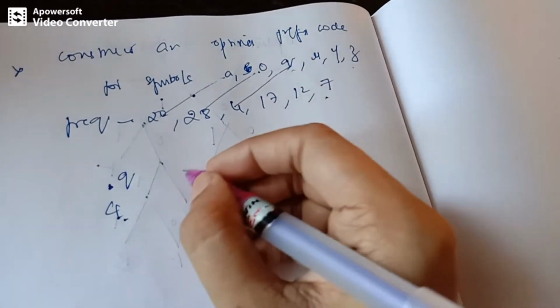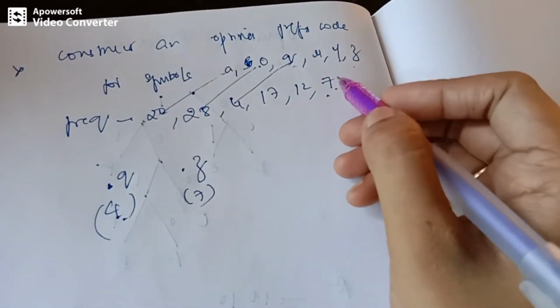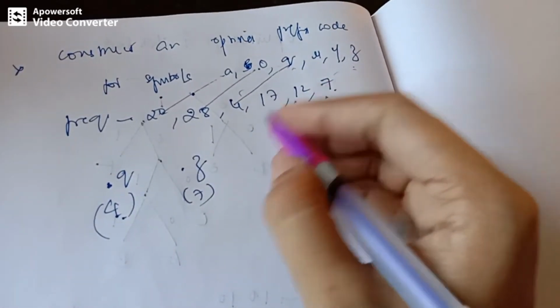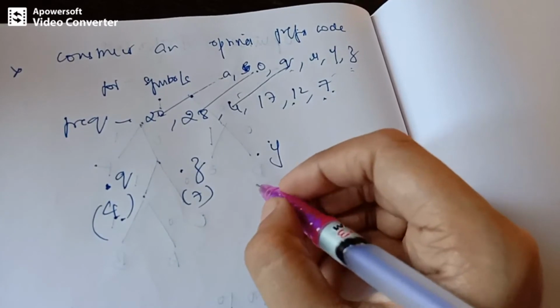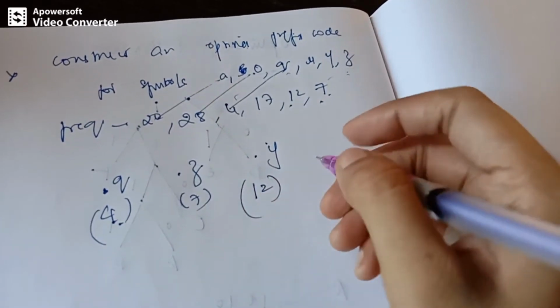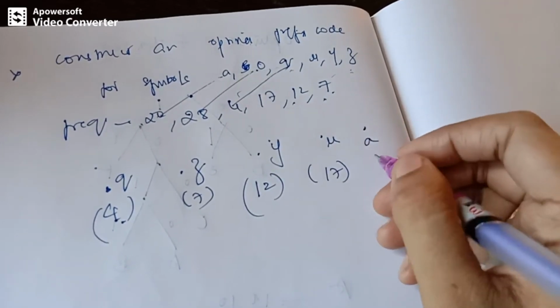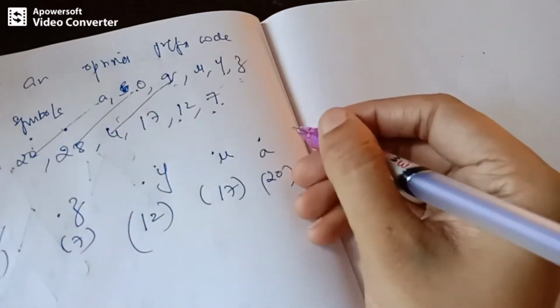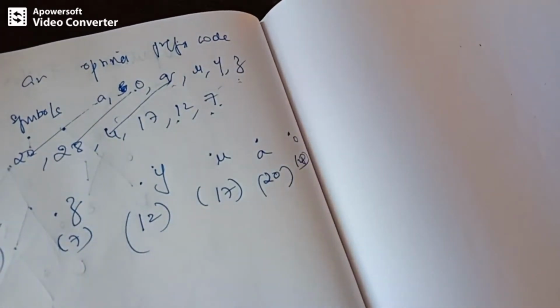Next we will have 7, that is Z. These are the weights. Next we get 12, which has the node label Y. Next we have U, which has 17. Next it is A, 20. I am arranging the weights and writing them. Next we will have 28.